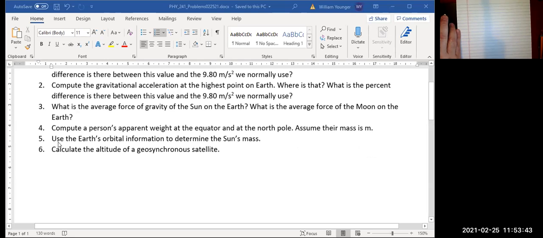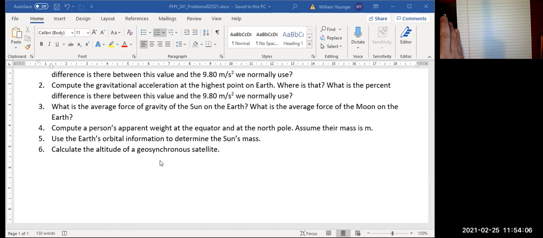That was number 5. I want to now calculate the altitude of a geosynchronous satellite. Geosynchronous means it rotates at the same rate that the Earth does. So you can put a satellite in orbit, let's say directly over Kansas City, Kansas. If it was in geosynchronous orbit, it would always stay directly over Kansas City, Kansas.